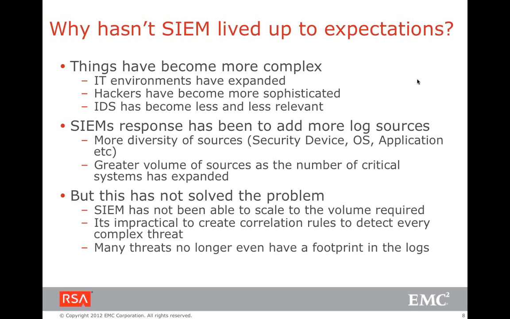With the low and slow, stealth attacks, because there are no audit trails, there is no way I can write a correlation rule to detect such things. That is where we start seeing the usability of SIEM solutions reach a bottleneck as far as new-day attacks are concerned.